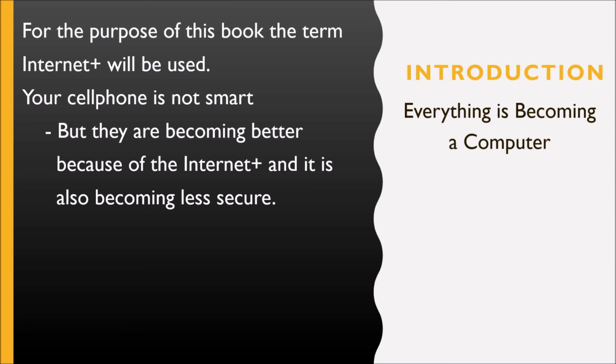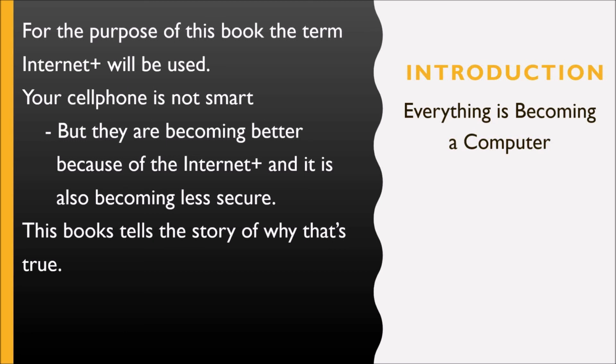So you create the software, you tune your little Arduino device, it's sending information to your network, but it's not patched, it's not secure, it doesn't have a firewall. So that's why it's becoming less and less secure. And this book tells the story of why that's true. And we're going to be seeing in next chapters the different implications of this.